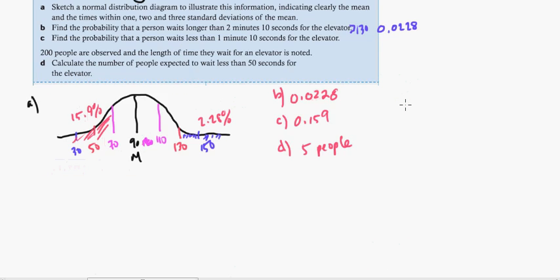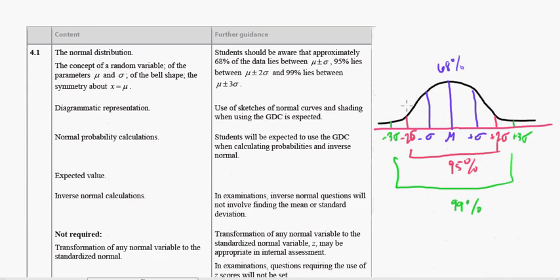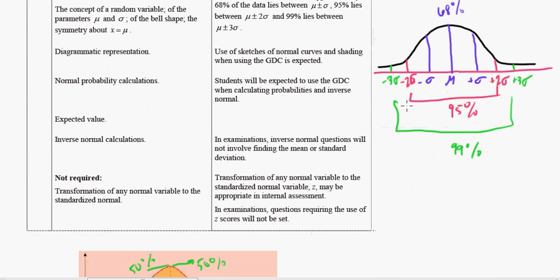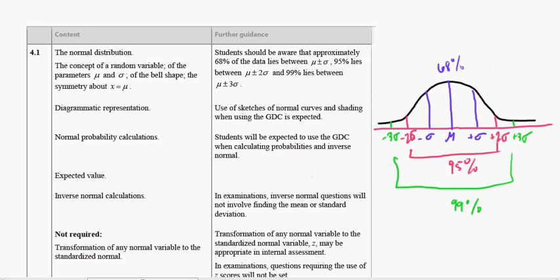Anyway, this is normal distribution. It's kind of a long slog here, but I think we got through everything: normal distribution, concept of a random variable, parameters of mean and standard deviation, symmetry. Normal probability calculations, expected values, inverse normal calculations, check, check, check.